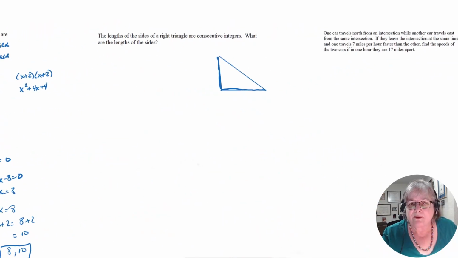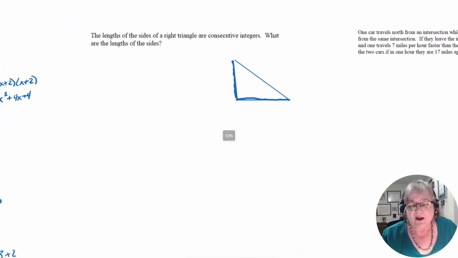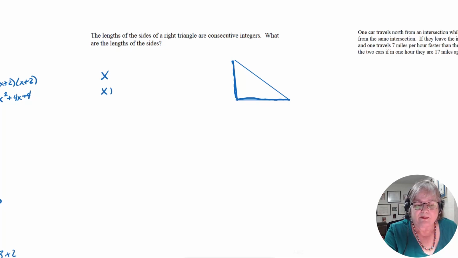This one doesn't give us dimensions. It gives us information. And it says the lengths of the sides are consecutive integers, not even or odd, but just plain old consecutive. So I know that one of them's x, one of them's x plus 1, and one of them's x plus 2, because that's how it works for three consecutive generic numbers.